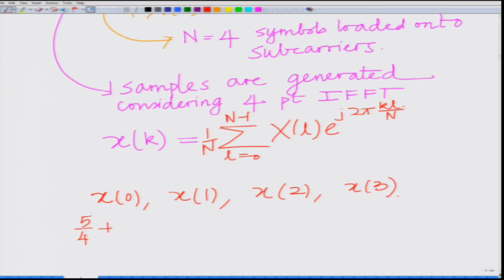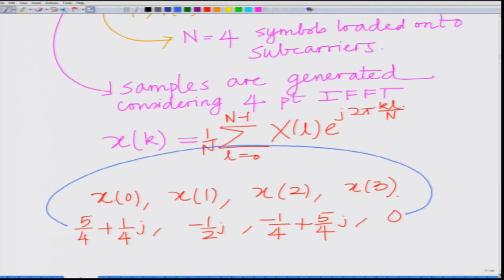The samples are basically 5 by 4 plus 1 by 4 j, comma minus half j, comma minus 1 by 4 plus 5 by 4 j, comma 0. And what we did later in the next step was to take this and prefix it in front.